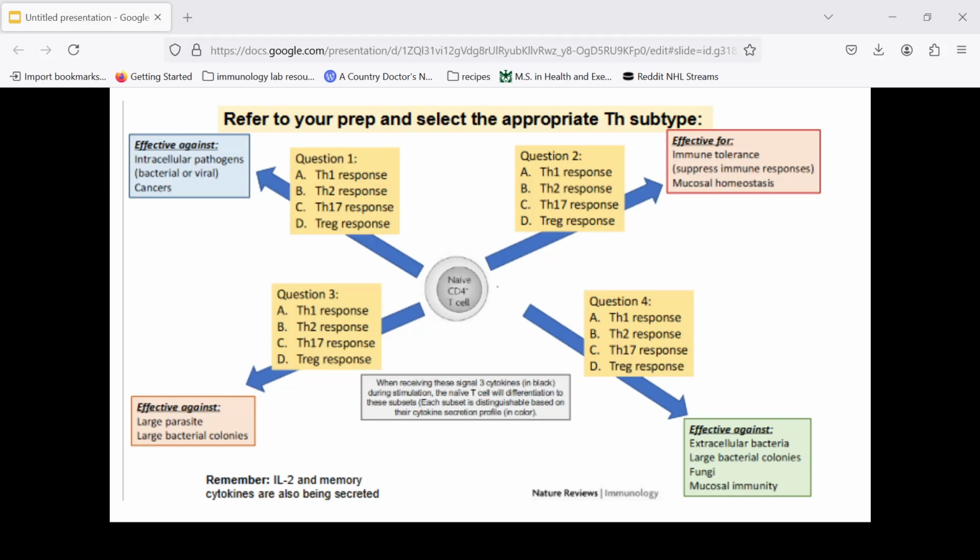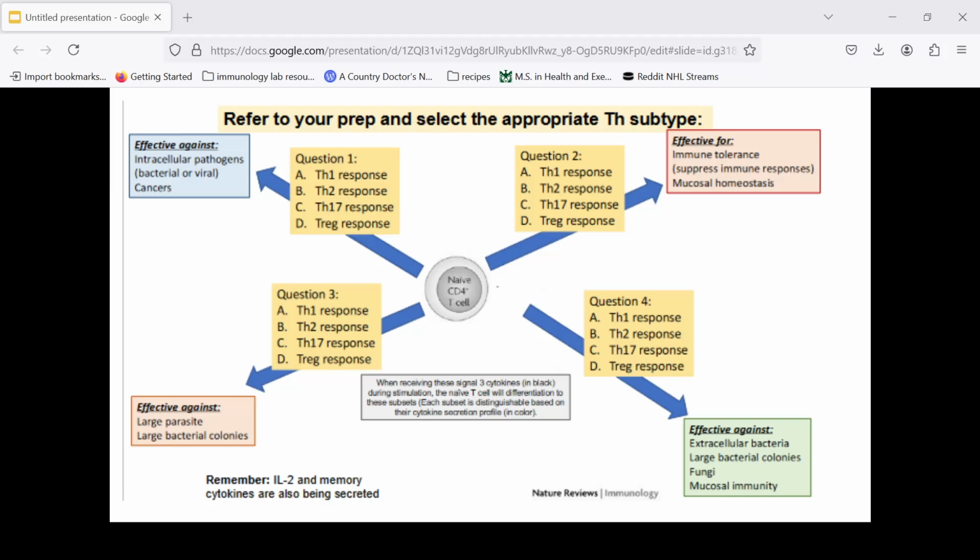That's why we have some coexistence between TH1 and TH17, because TH17 also is for bacteria. But a lot of the time, if you have individual bacteria that are small enough, they can eventually collect and become a colony. And that's when we want that TH17, which introduces some degranulation.